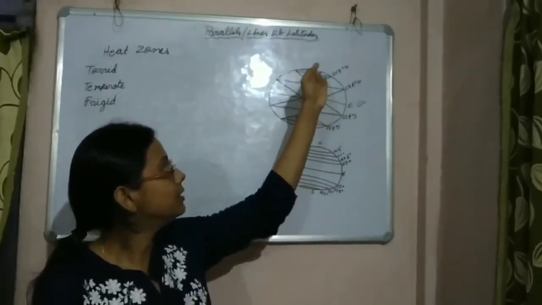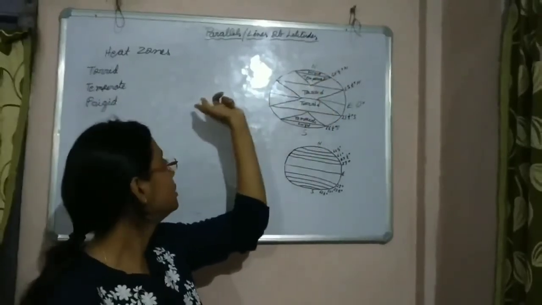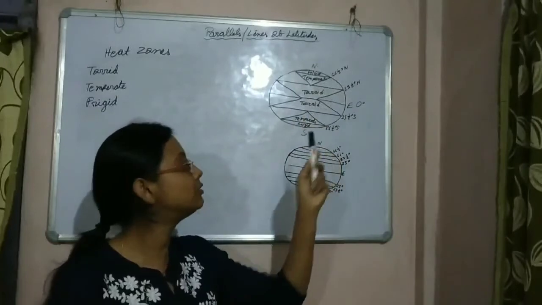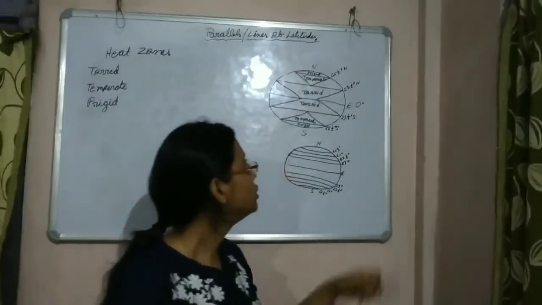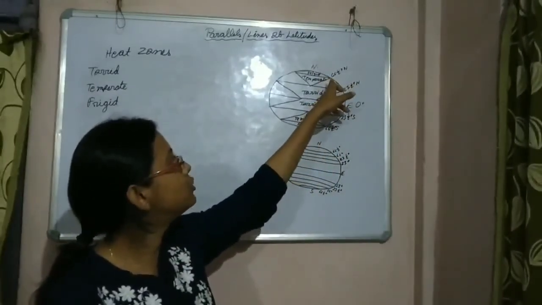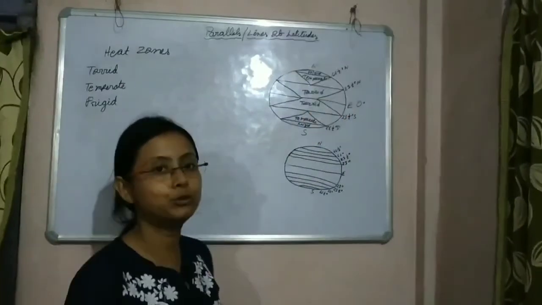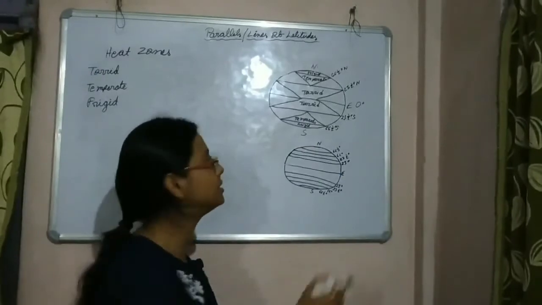Next one, the temperate zone. There are 2 temperate zones, one in the northern hemisphere and the other in the southern hemisphere. The north temperate zone is located beyond the Tropic of Cancer and up to the Arctic Circle.